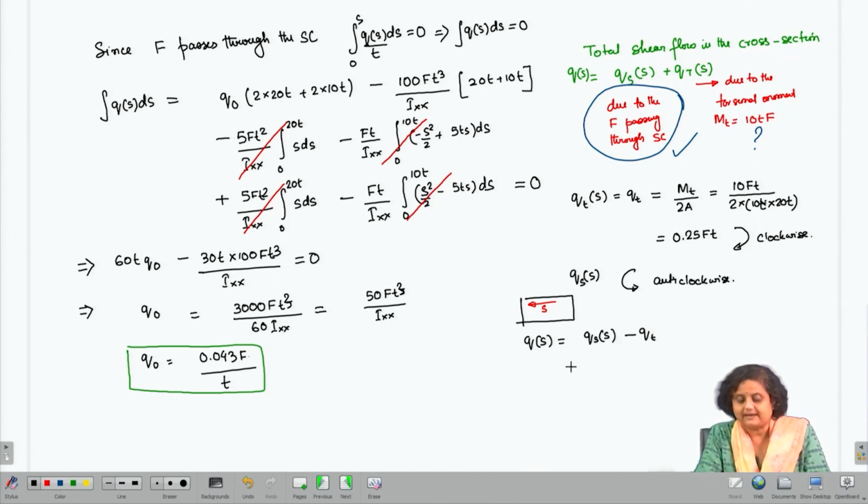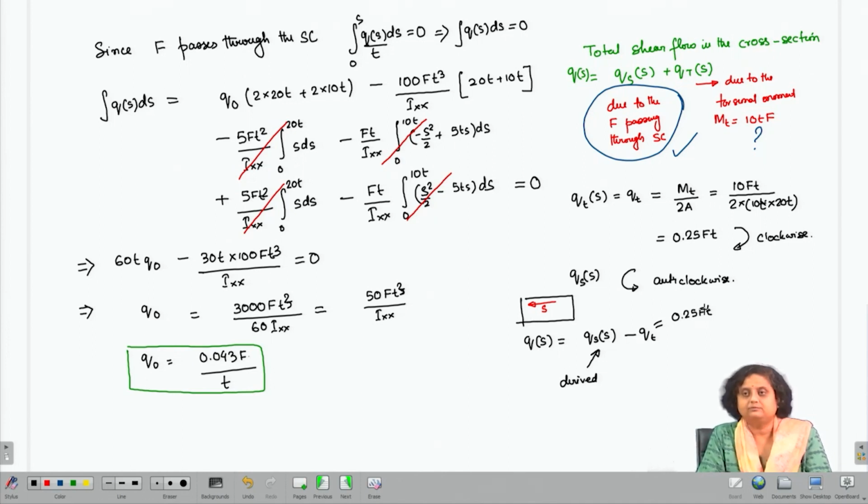So, QSS we know, we have derived this, and Qt is going to be 0.25 Ft. Therefore, we can find out the total value of the shear flow.